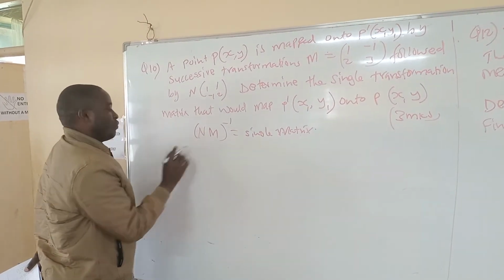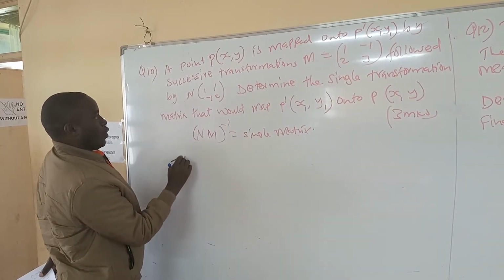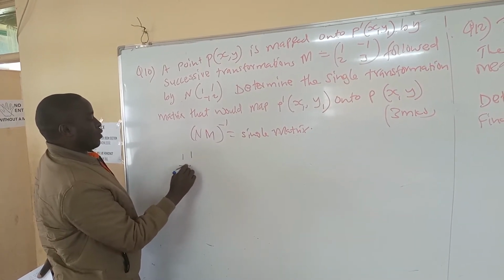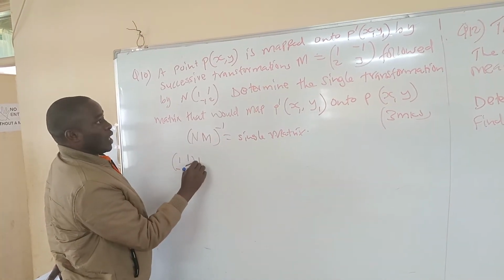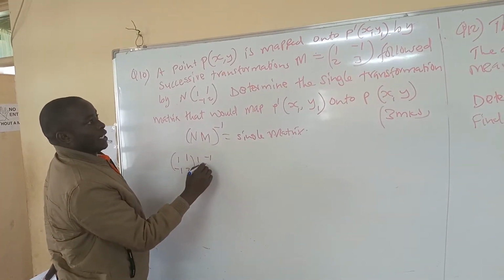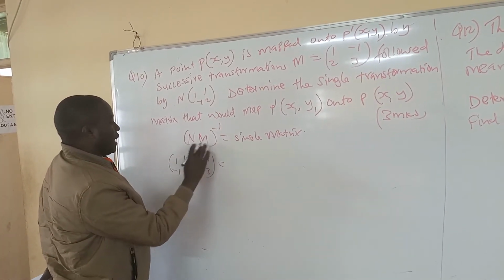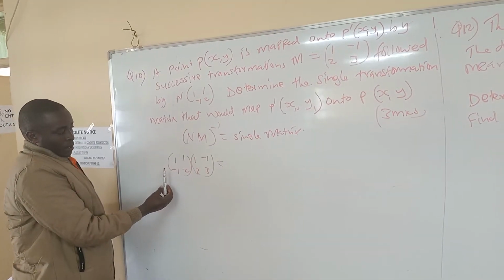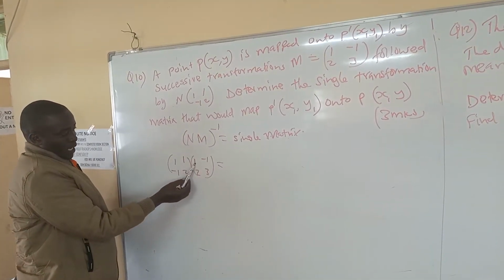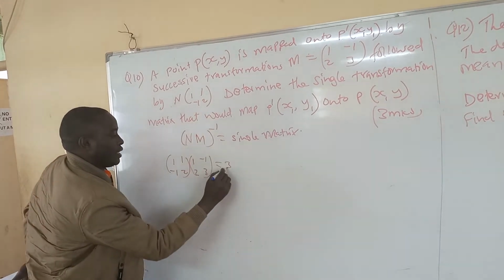Now what we do, we know N is (1, 1, -1, 2), times M. M we know is (1, -1, 2, 3). So we multiply the two and get NM first of all. It is row times column. So it is 1 times 1, which is 1, plus 2, it gives us 3.